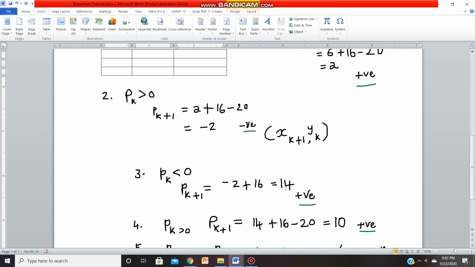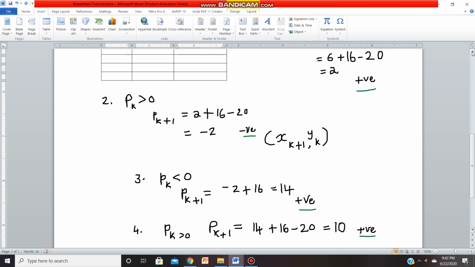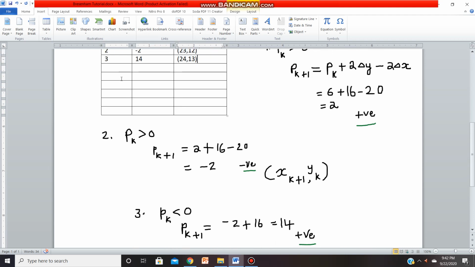Here also pk is greater than 0. The equation will be pk plus 1 is equal to pk plus 2 delta y minus 2 delta x. So it will be 14 plus 16 minus 20 and it is coming to be 10, which is again a positive value. Okay, let me fill the value of k is equal to 4.